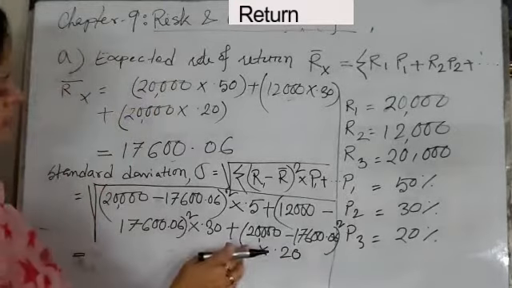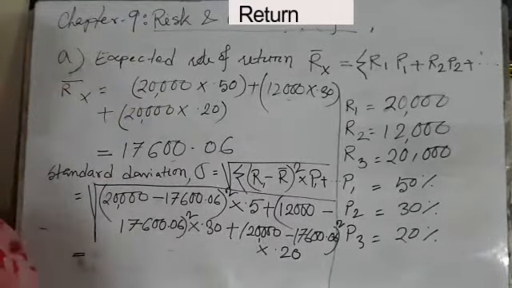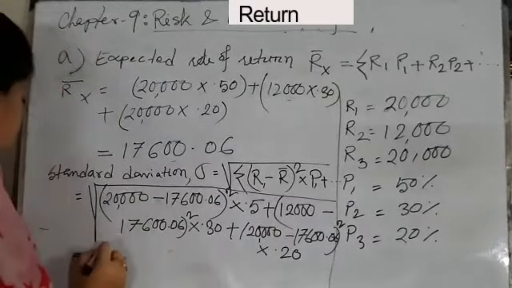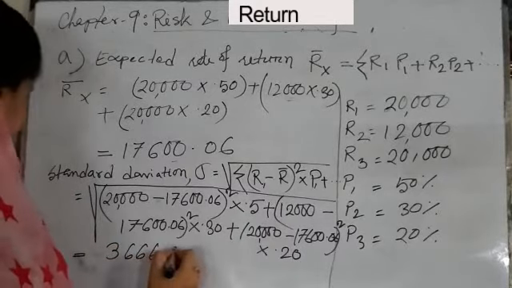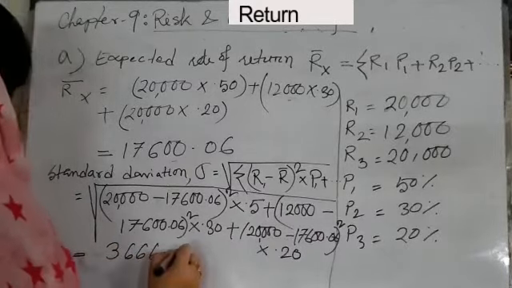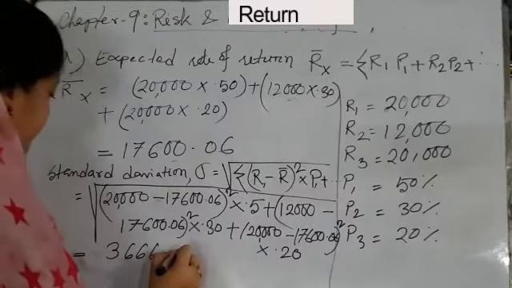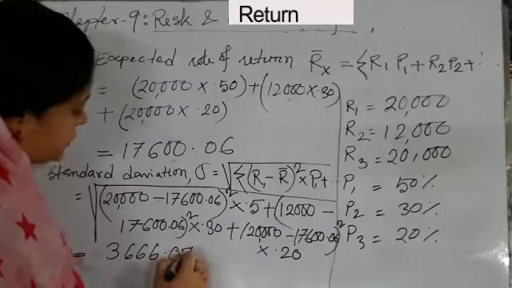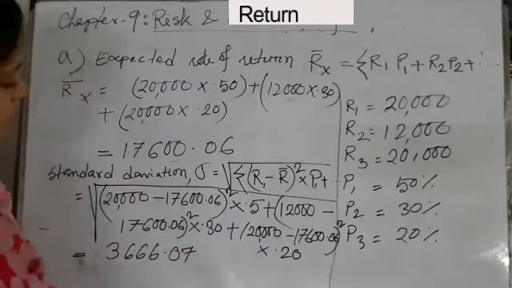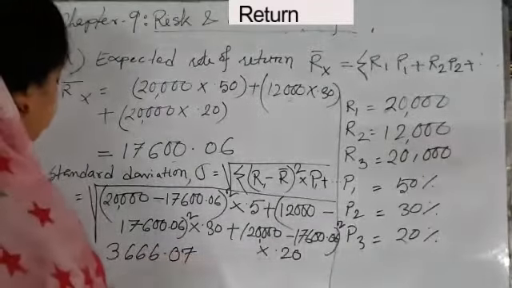I think all these are correct now, and the answer is 3666.06, or no, 06, not 07, no percentage will be here.